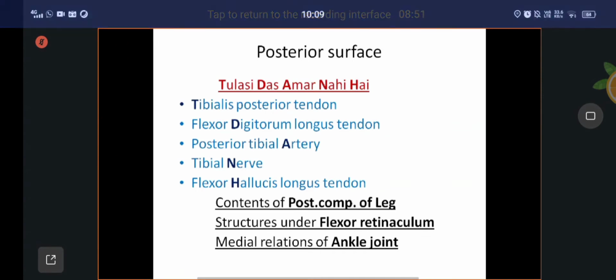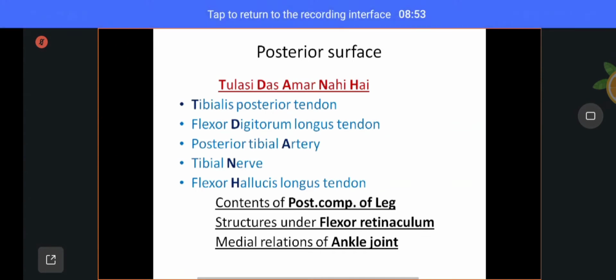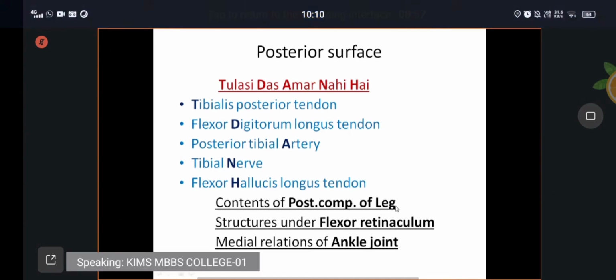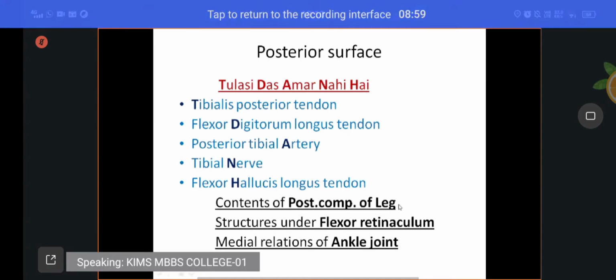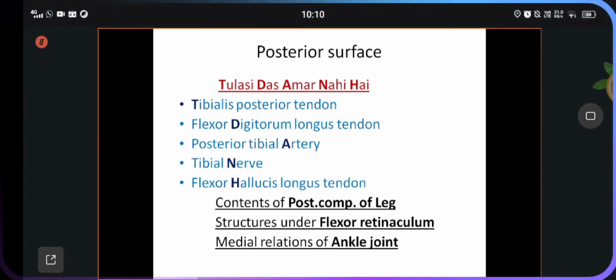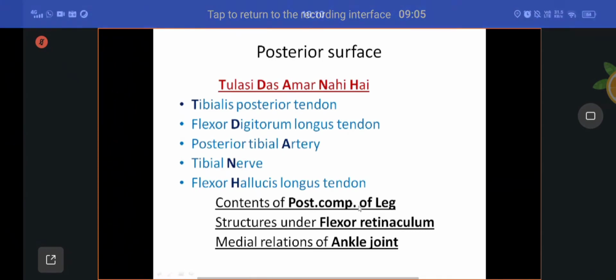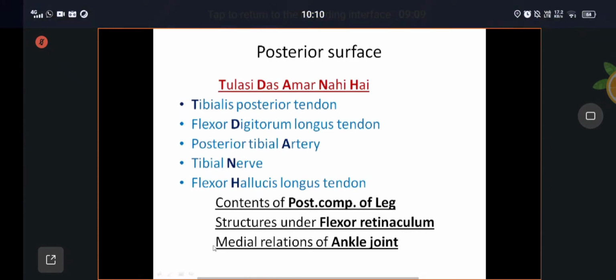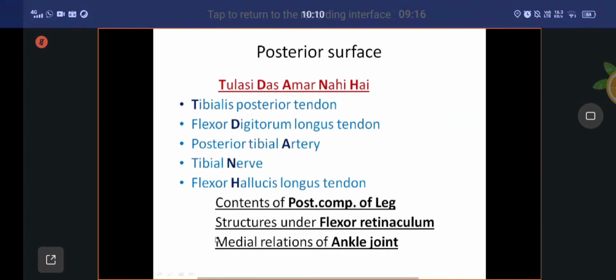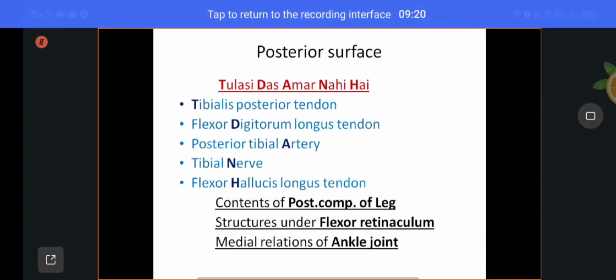Coming to the posterior surface of the lower end of the tibia, here also important structures are related, but no important bony landmark. The deep structures of the posterior compartment of the leg are structures under cover of the flexor retinaculum, or the medial relations of the ankle joint, not the posterior relations.